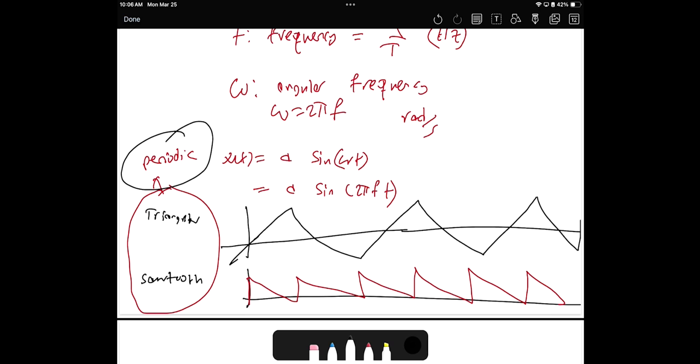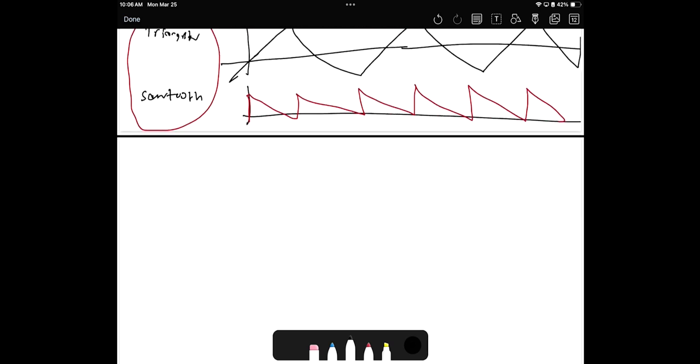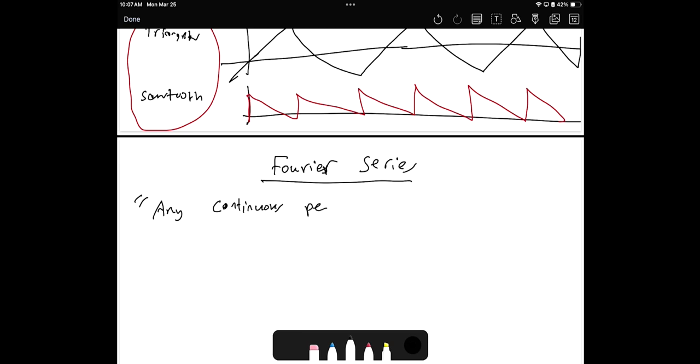Now, Fourier series. What does Fourier series mean? What's the point of using Fourier series? The definition of Fourier series is this: any continuous periodic function.